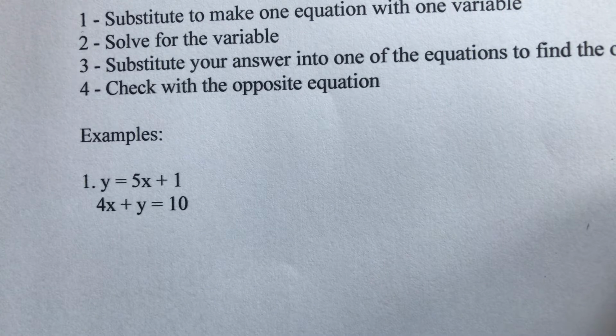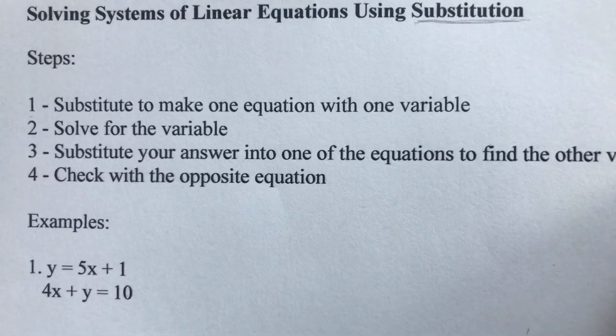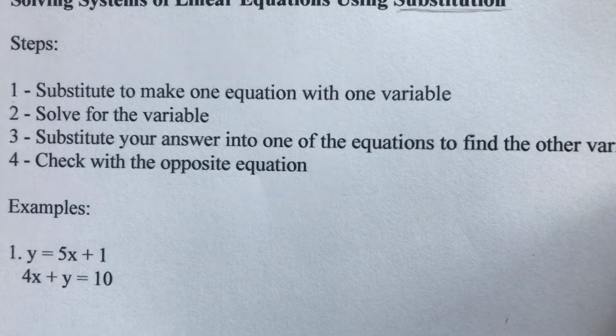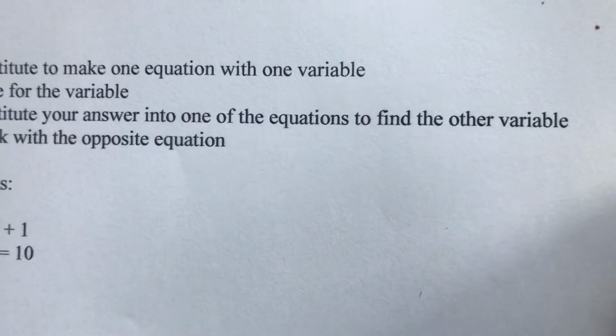So we're going to do what we call substitution, and it's exactly what it sounds like. Steps. Step one, we substitute to make one equation with one variable. We then solve for that variable. Now that we have an answer for a variable, we substitute again into one of the equations to find the value of the other variable.